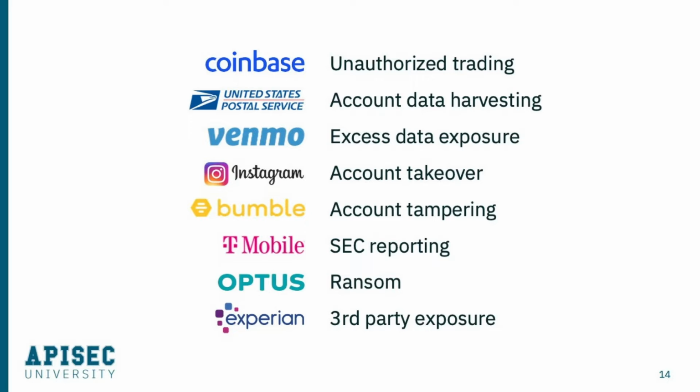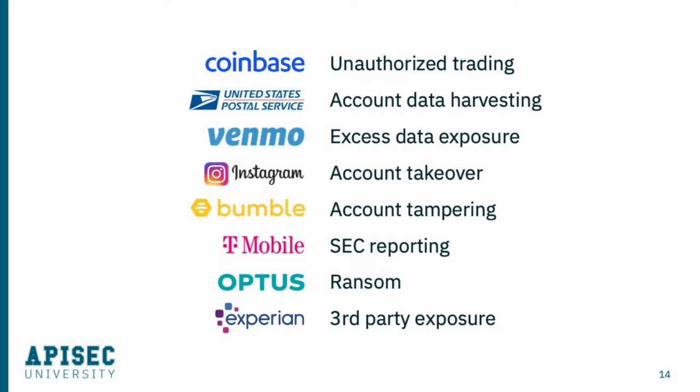in APIs. And you'll see a bunch of different examples here, like at Coinbase, where there was unauthorized trading possible through a vulnerable API, or at Instagram, where you could literally take over any user's account through an API attack, as well as things like T-Mobile, where the exposure was not only a loss of data, but a need to report to a federal regulator.